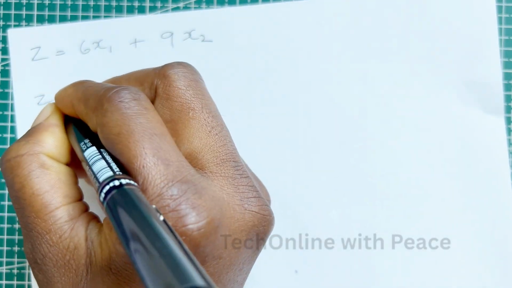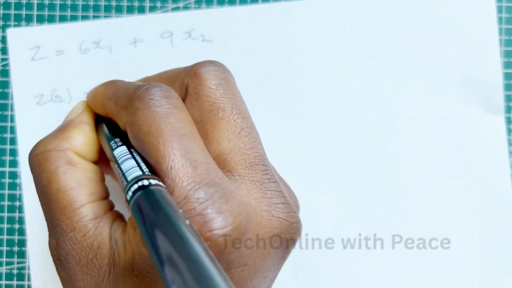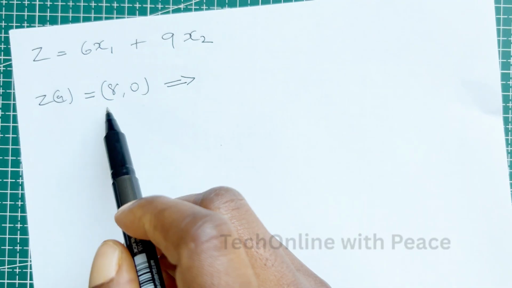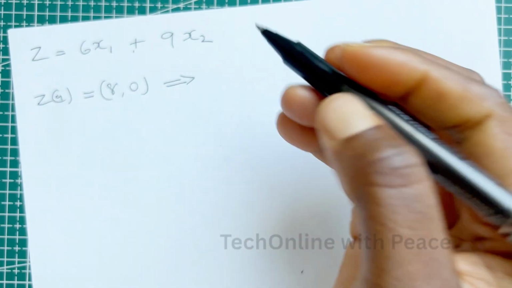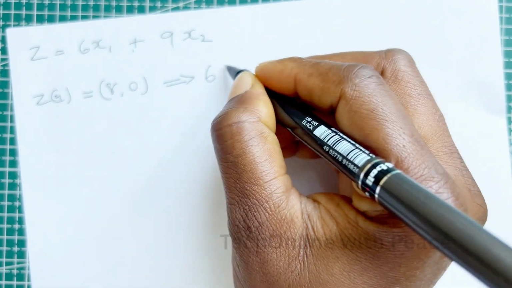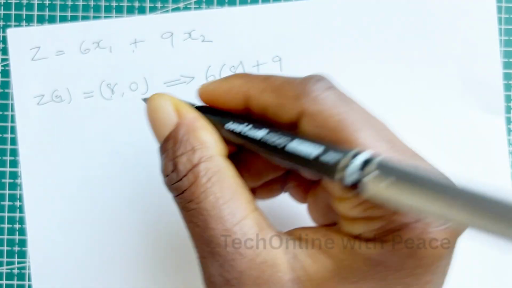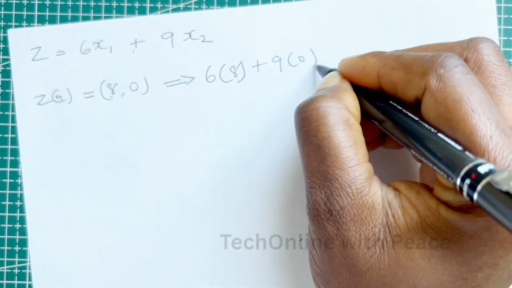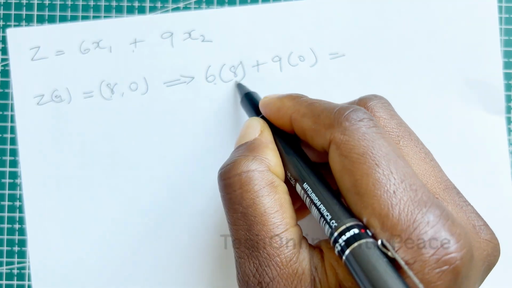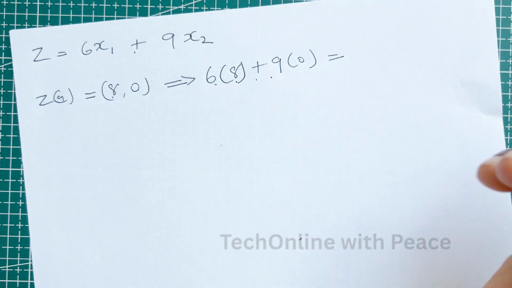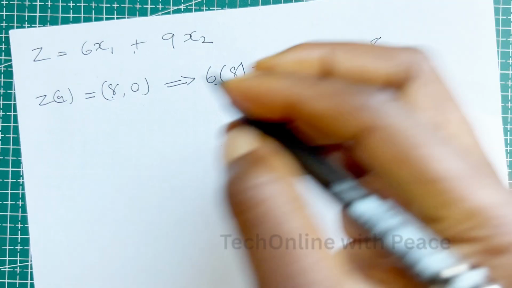Remember, from our graph, our corner point A has 8 and 0. Therefore, substituting into our objective function, we have 6 times 8 plus 9 times 0. 6 times 8 is 48 plus 9 times 0 is 0. It will give us 48.